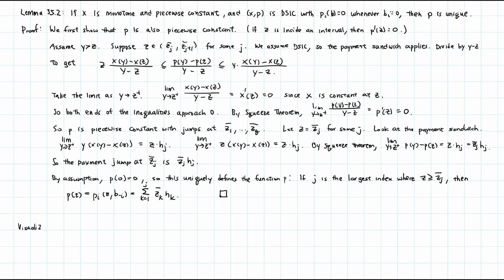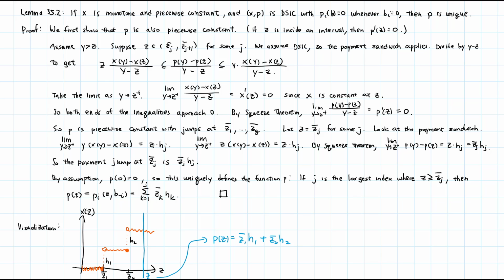Now let's try to visualize what the payment rule means on the graph for the allocation rule x. Suppose our x has these two jumps, and z comes after the second jump. The payment rule is z1 bar h1 plus z2 bar h2. Can you see what this means on the diagram?